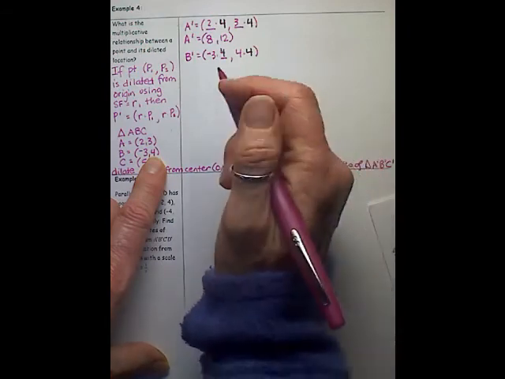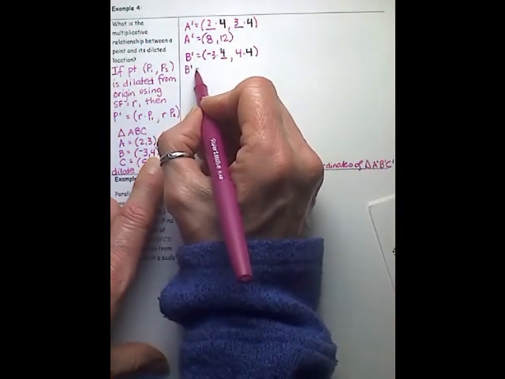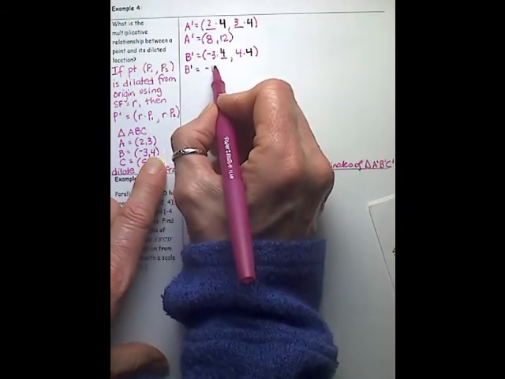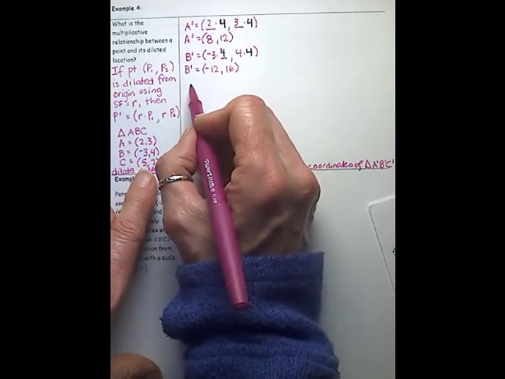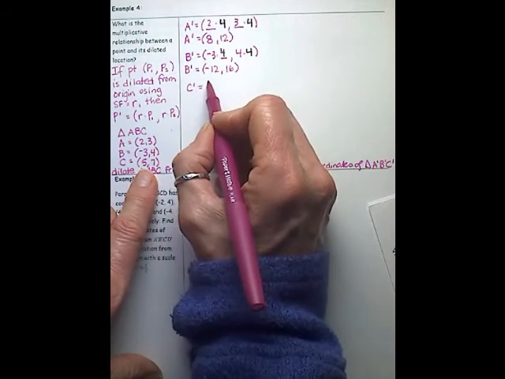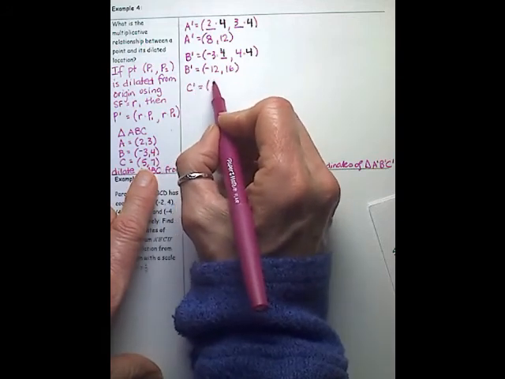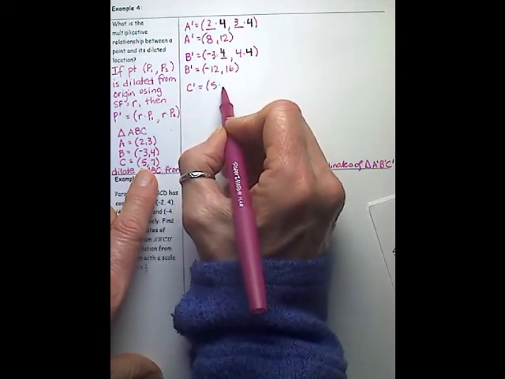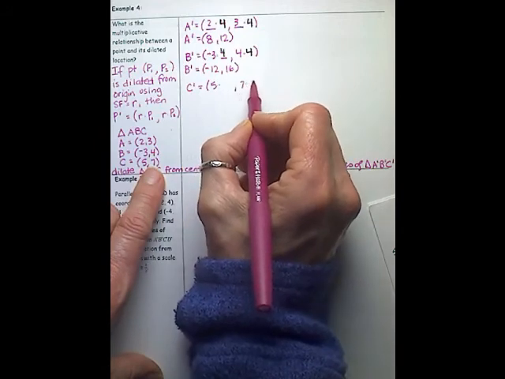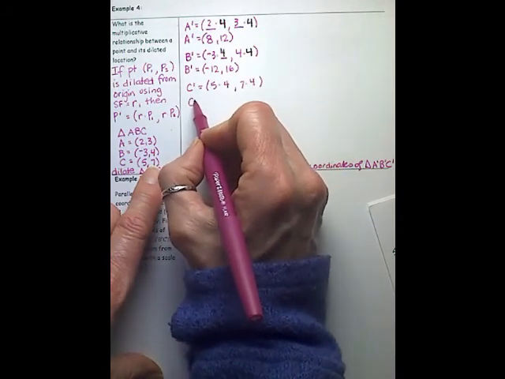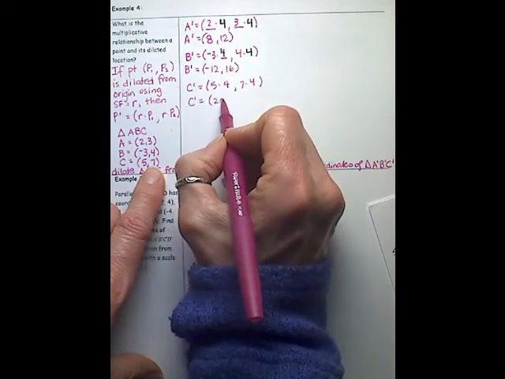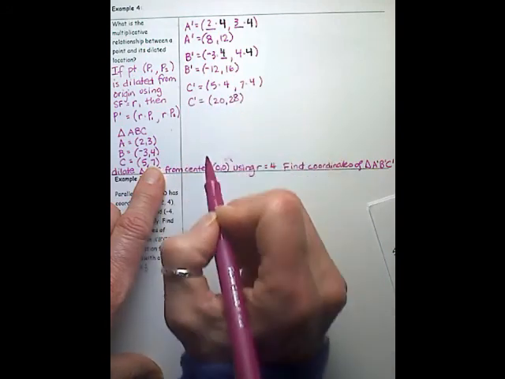So our points for B prime are negative 12, 16. For point C, our dilated point C prime will be 5 times the scale factor and 7 times the scale factor. Scale factor is 4. So C prime coordinates are 20 and 28.